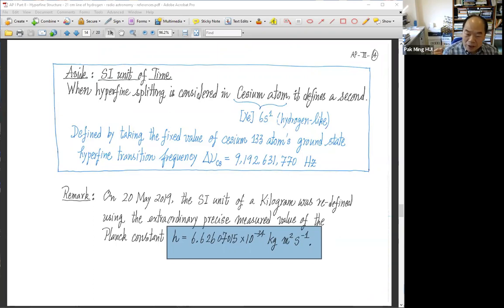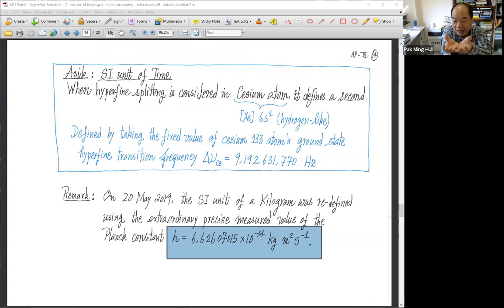A few years ago, they set a criterion: if by 2017 or so, there are more than a certain number, maybe 3 different cases, that confirm the accuracy of the Planck constant up to a certain number, then that will be more accurate than the kilogram.